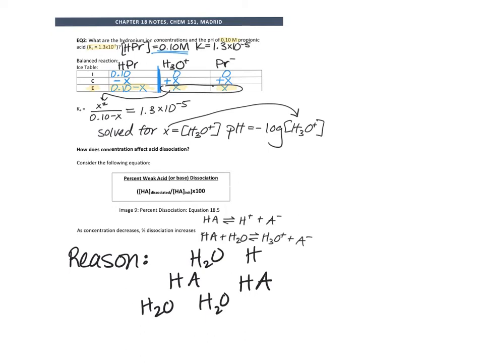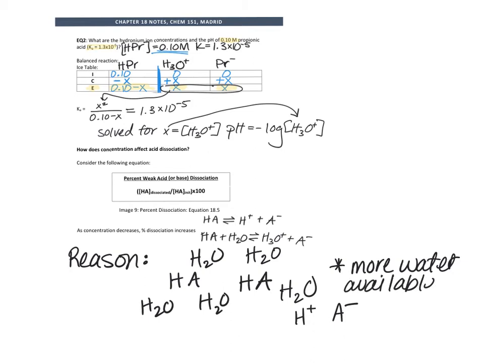So as you have more water around, it's able to allow for HA to dissociate into H plus and A minus. So the reason then is because there's more water available at lower concentrations.